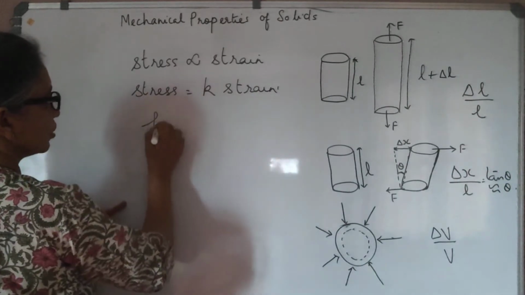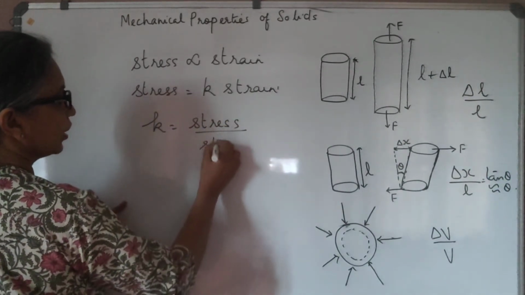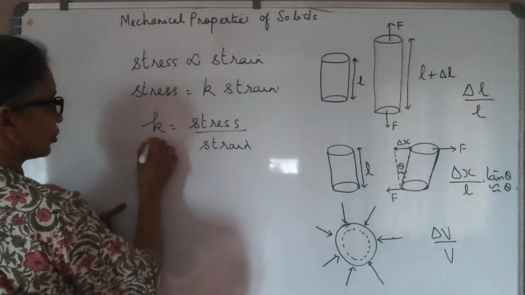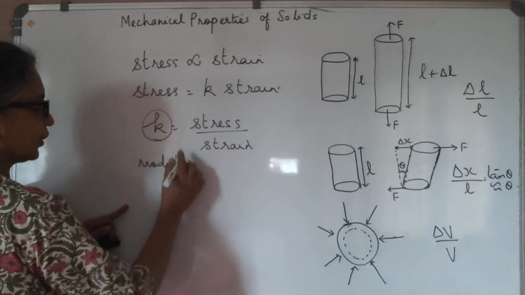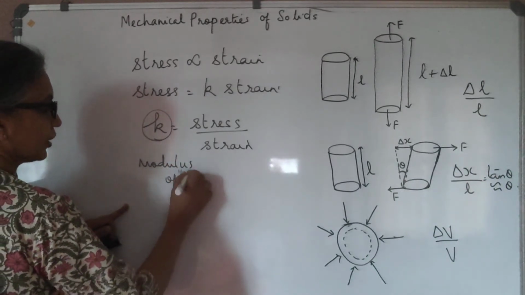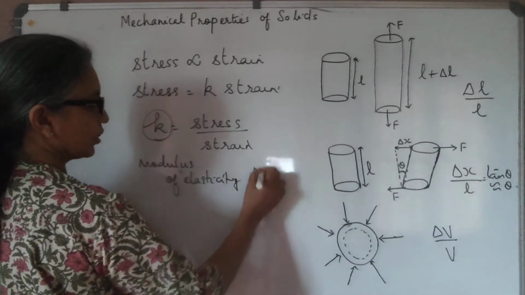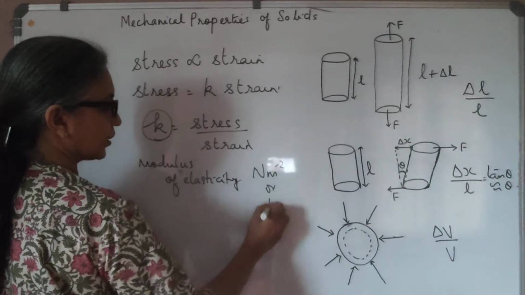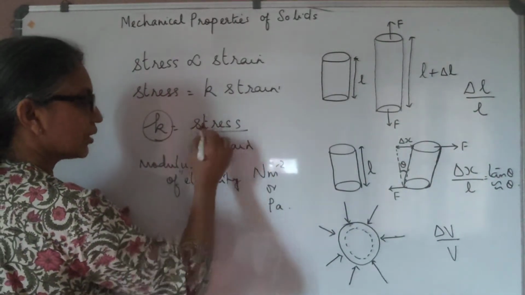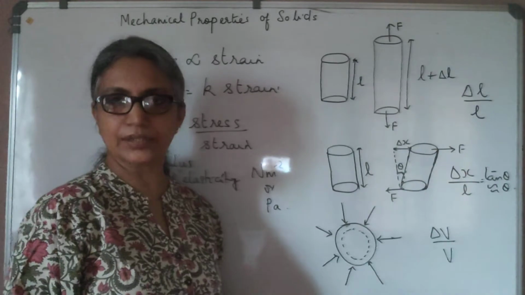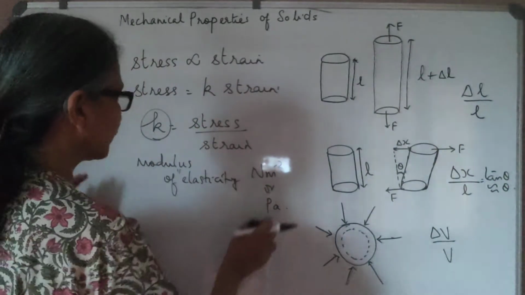This constant, which is called the modulus of elasticity, is the ratio of stress to strain. The modulus of elasticity has the same unit as stress, Newton per meter square or Pascal, simply because strain doesn't have a unit, but stress is Newton per meter square or Pascal, and therefore the modulus of elasticity also has the same unit.